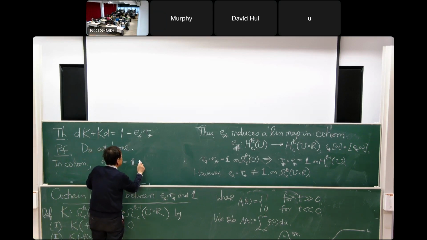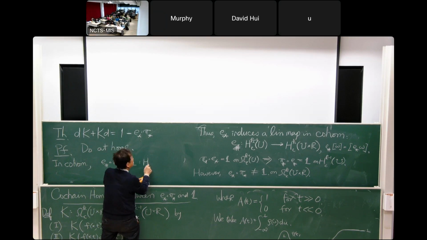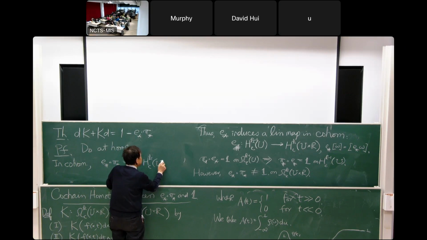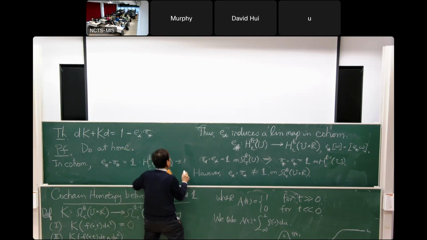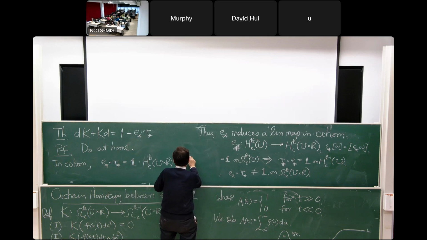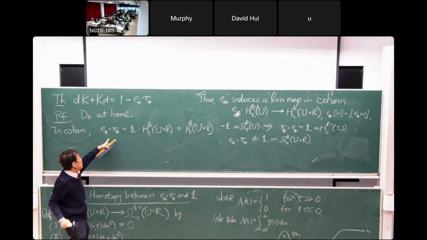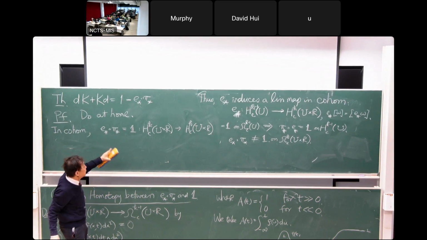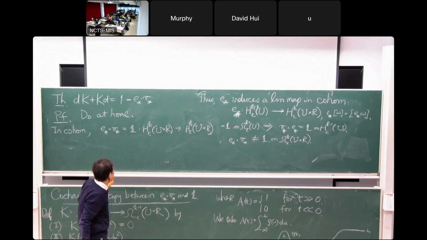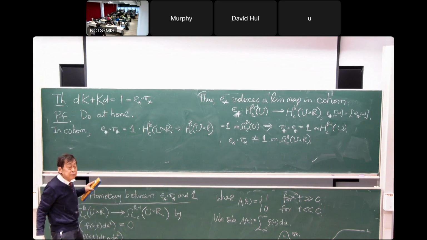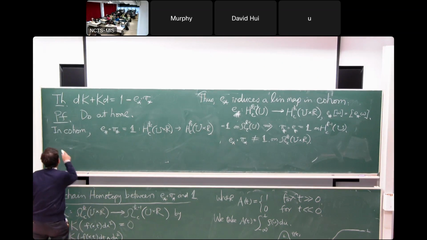Okay, so this is now in cohomology H^k_c(U × R) to H^{k-1}_c(U). And so this proves that they are inverse to each other, right? Because we proved the other direction earlier. And so this completes the proof of the Poincaré lemma. Right?